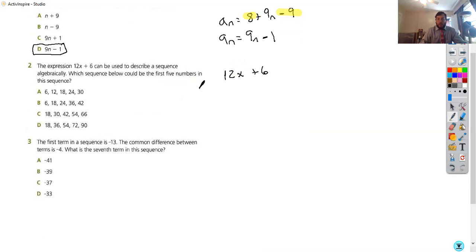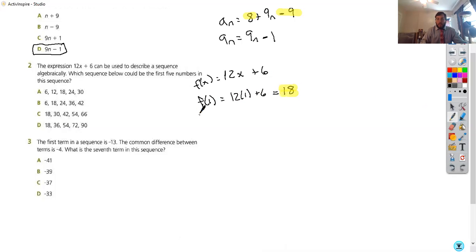So if we wanted to write this as a formula, we could say this is f of x equals 12x plus 6. So if we want f of 1, we'll do 12 times 1 plus 6. If we work this out here, 12 times 1 plus 6 is going to be 18. So our first term, right, is 18.